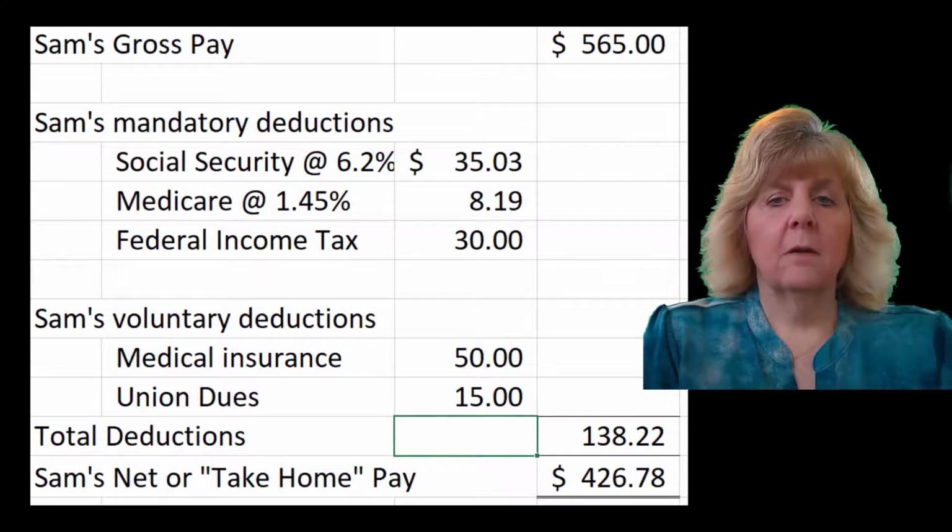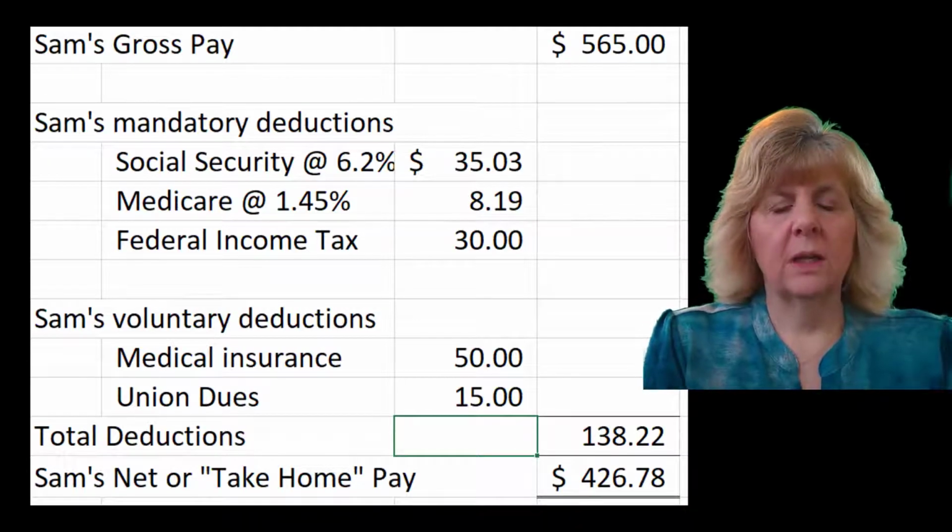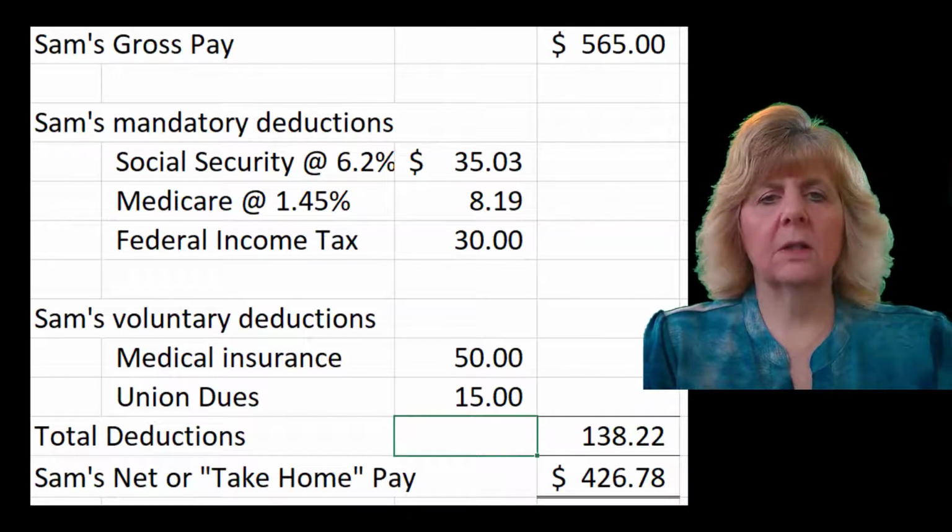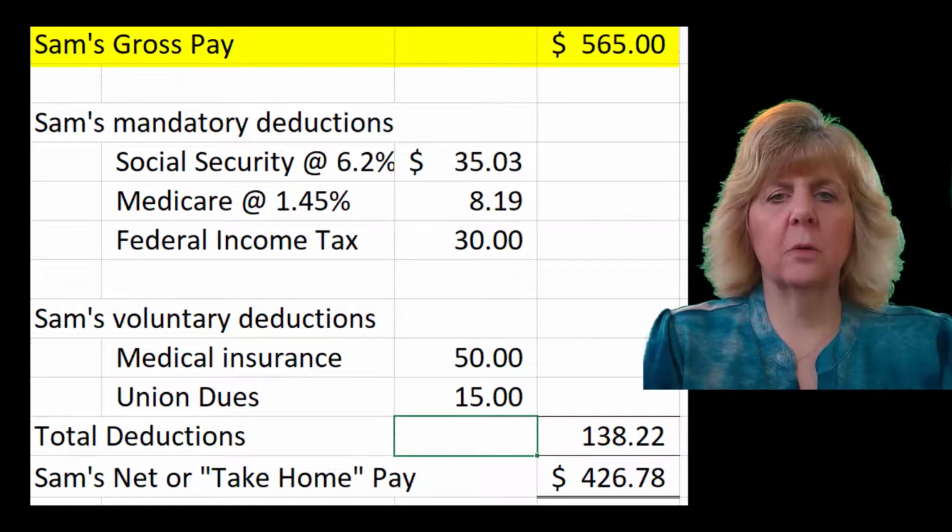Here's a summary of the payroll computations. We started by using the Fair Labor Standards Act to compute Sam's gross pay.